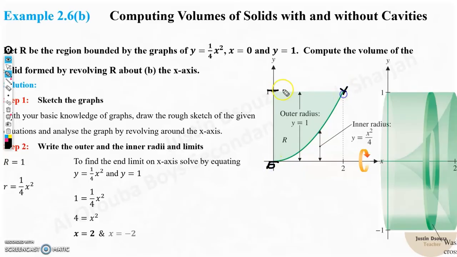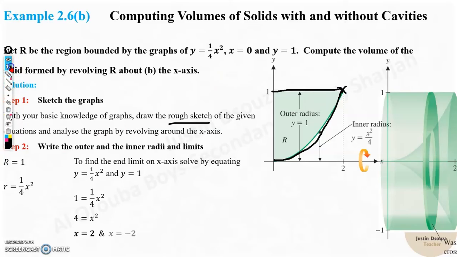That's why we need to find the intersection point, because generally we will just draw rough sketches of the graph, not the exact graph. So you don't know this value. This value is found by equating this line at 1 and this equation. Now you will get the intersecting point.